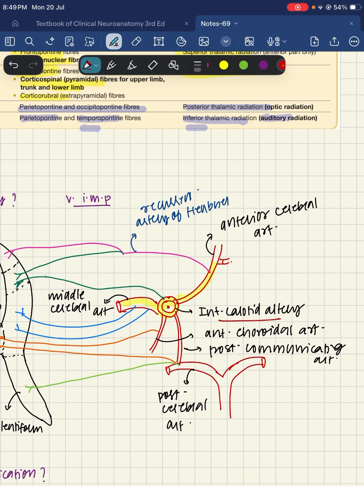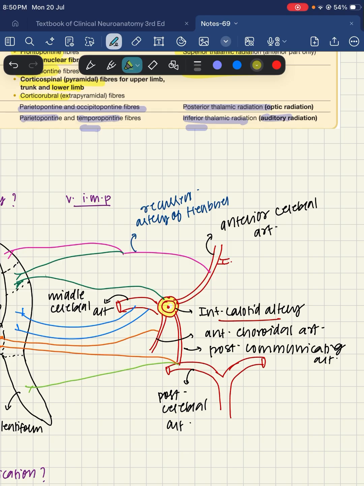If you recollect the circle of Willis, this is the anterior communicating artery. There would be another anterior cerebral artery from here. There would be another posterior communicating artery which will communicate with the posterior cerebral one over here. That will form the circle of Willis. I hope you remember that part. So if you remember that, this is going to be easy.